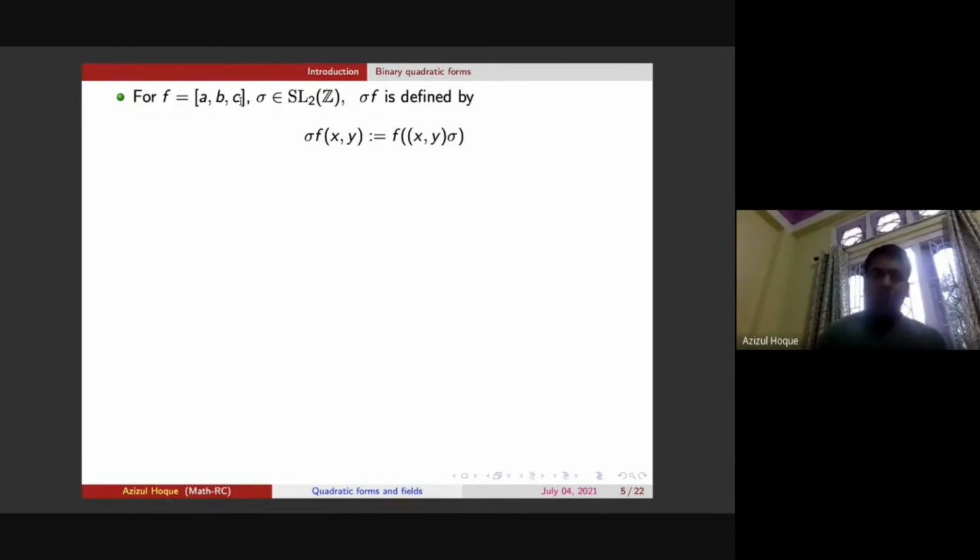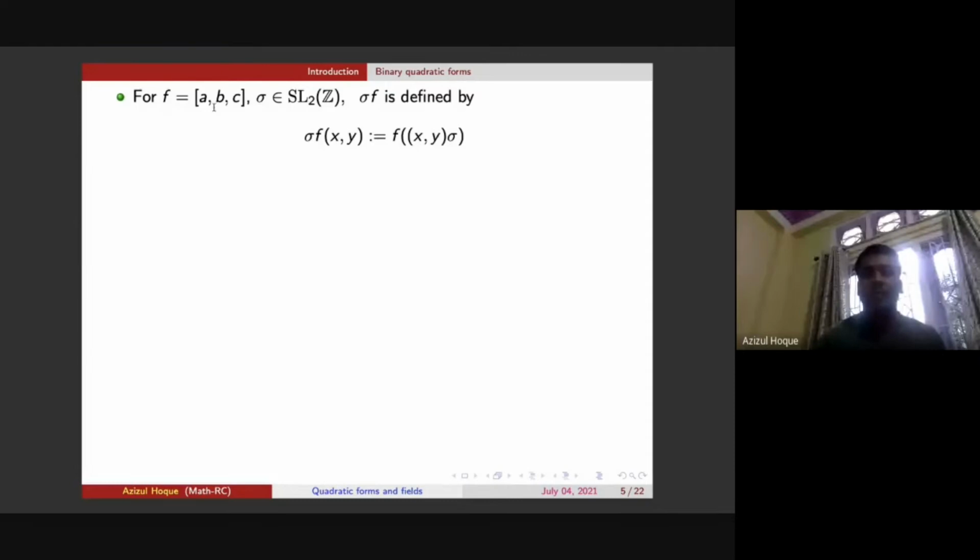what I mean is that f of x y is ax square plus bxy plus cy square. Now if I replace x by say rx plus sy, and similarly replace y by say tx plus uy, then you will get another binary quadratic form.